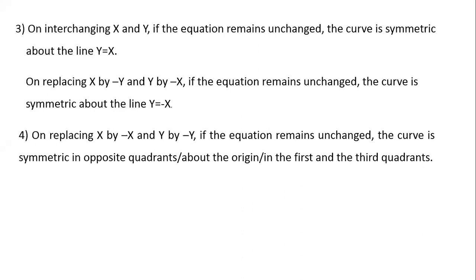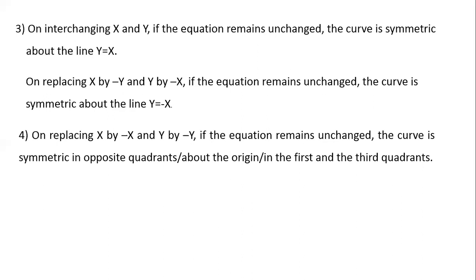Now try to understand that here property 1 was mentioned as, if the equation contains only even powers of y, then the curve is symmetric about the x-axis. Another way to say the same thing is that on replacing every y by minus y, if the equation remains unchanged, then the curve will be symmetric about the x-axis.